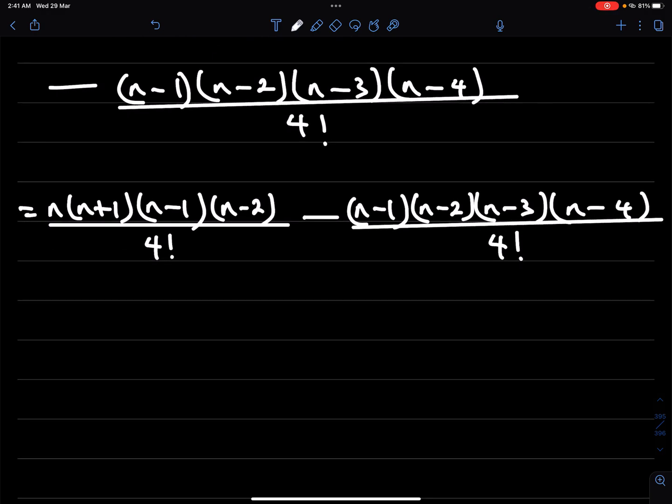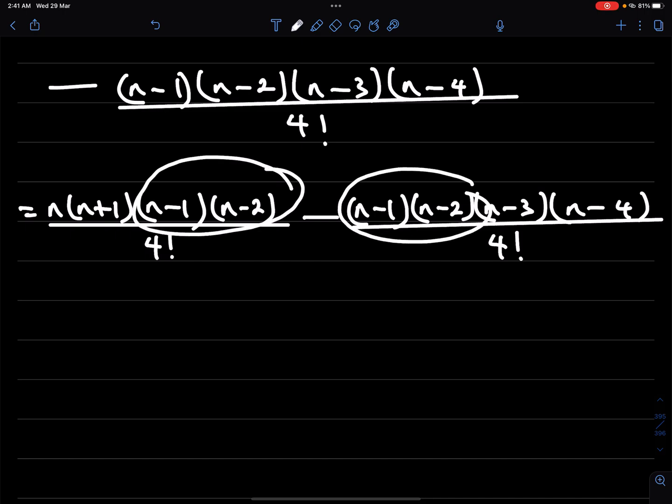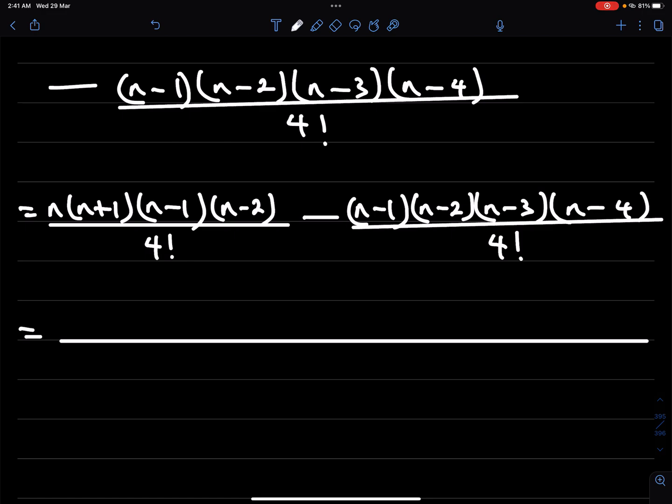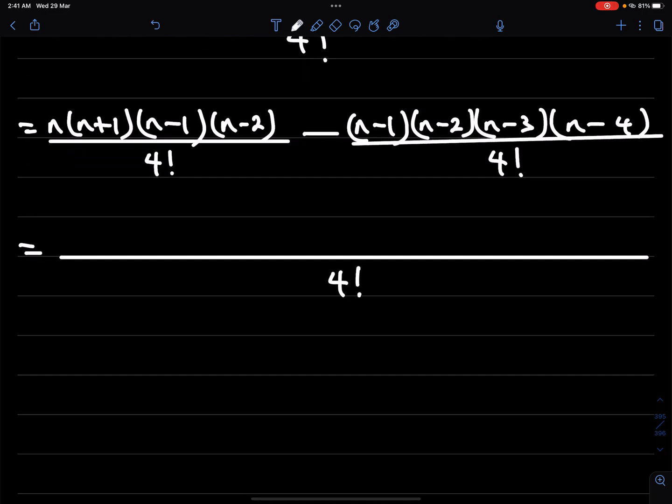Now I can see that n minus 1 times n minus 2 is common to the two numerators. Or before I even do that, let me find the LCM, which is 4 factorial. 4 factorial is actually 24, but let me write it as 4 factorial here.